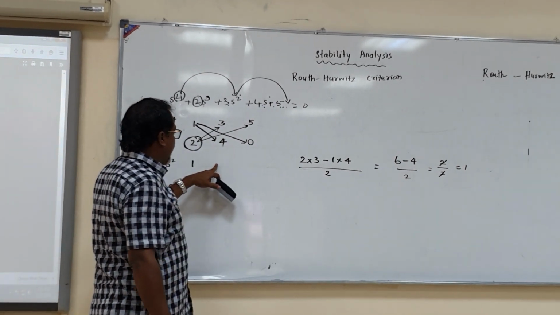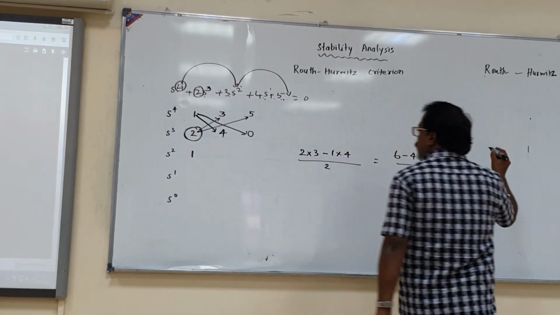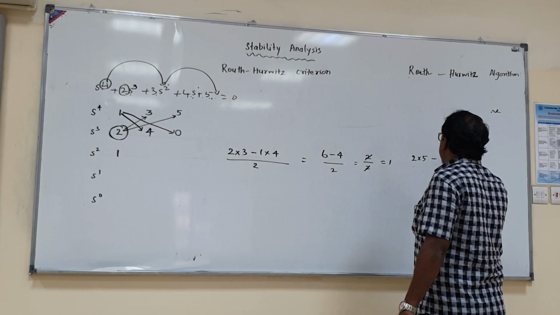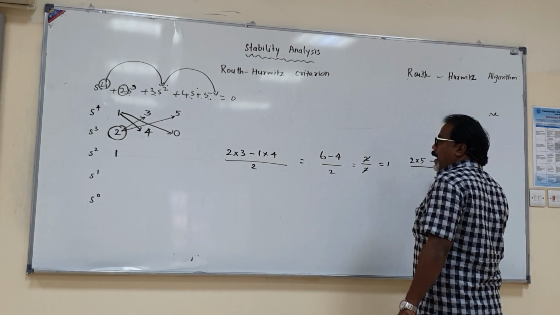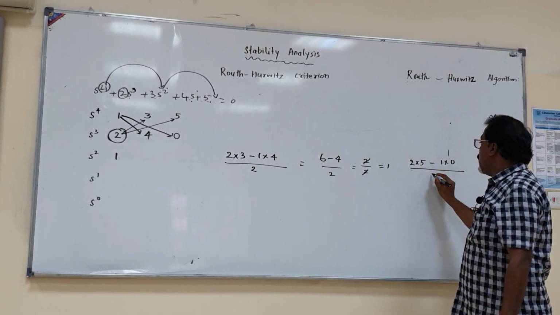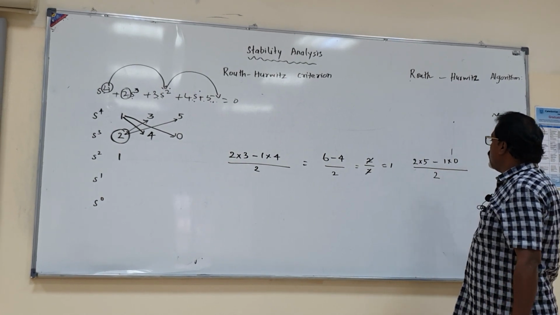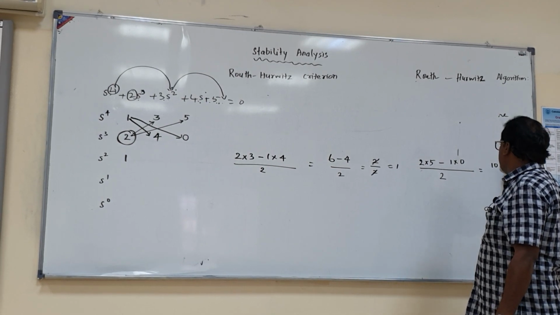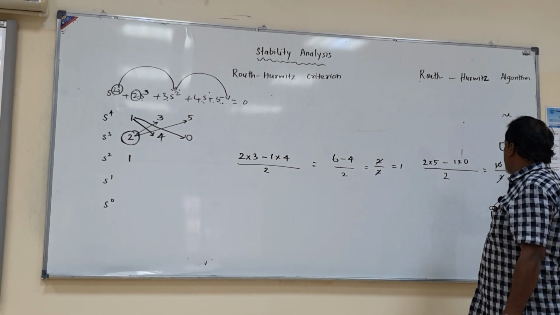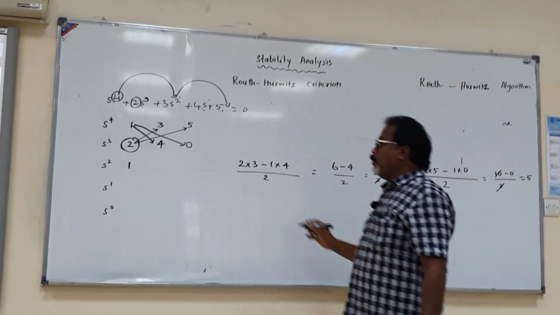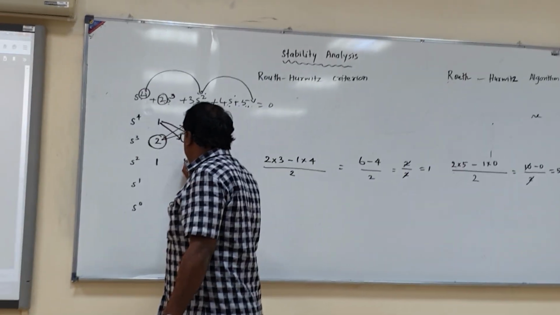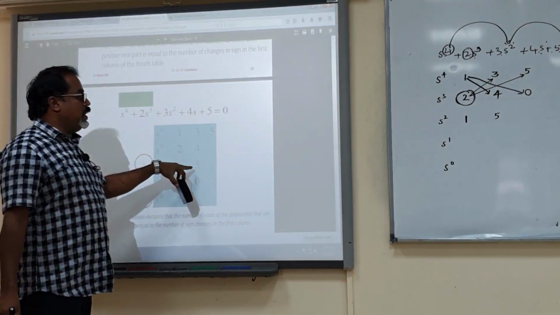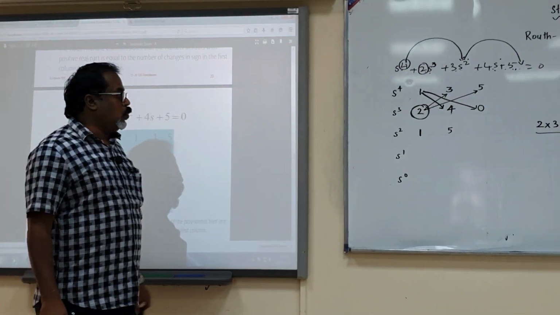So to fill this second number, I multiply 2 with 5 minus 1 multiplied with 0, divide by wherever you started. I started from 2, so I give 2. 2 multiplied with 5 is 10, minus 0, divided by 2, then it will come as 5. So I am going to fill the number 5 here. You see here, s square, 1 and 5; it has come 1 and 5.